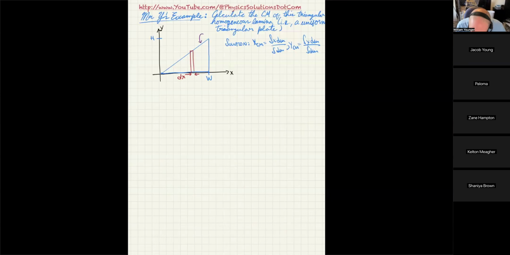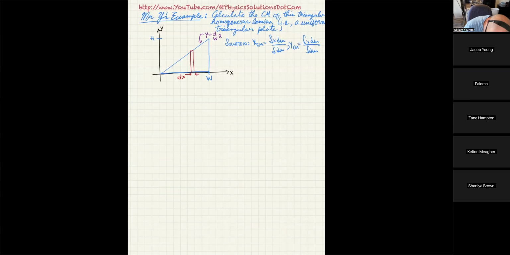So I need the equation for the hypotenuse, which is y equals mx plus b. The slope is rise over run, so that's h over w, times x. The origin is where it hits the y-axis, so b is 0 in this case.